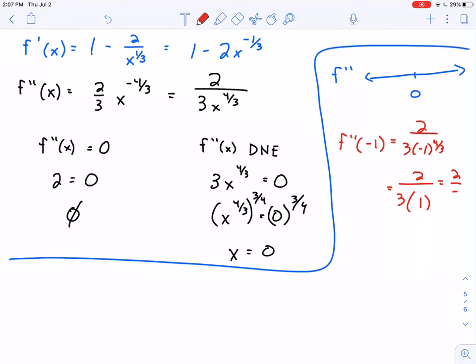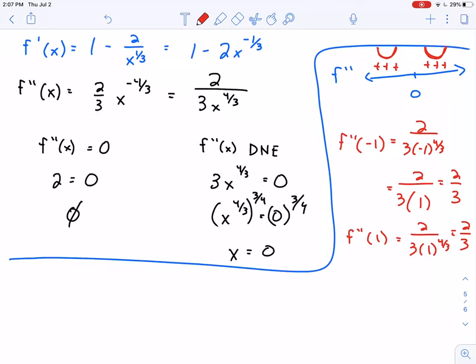I'm left with 2/3. So my second derivative is positive on the left-hand side, which means that my function is concave upward. And then I need a number on the right-hand side as well. So I will take f double prime of positive 1 this time. So I have 2 over 3 times 1 to the 4/3. Here, once again, I'll end up with 2/3. So my second derivative is positive.